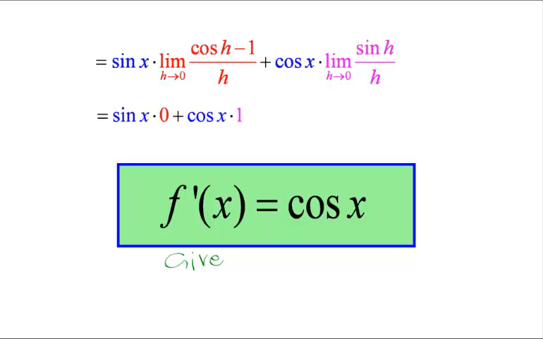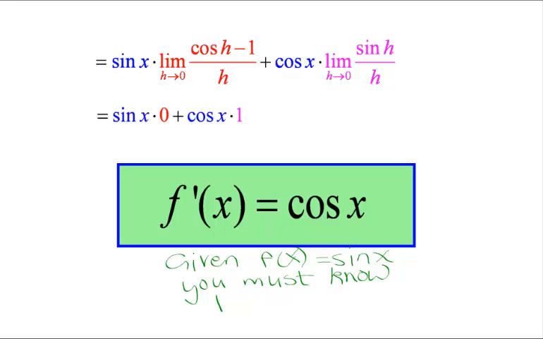Given f of x equals the sine of x, you must know f prime of x equals cosine of x.